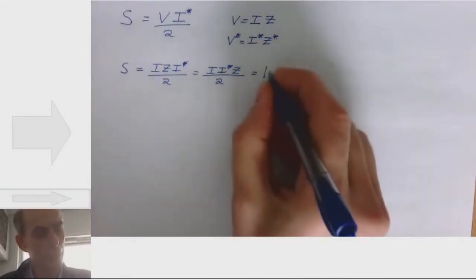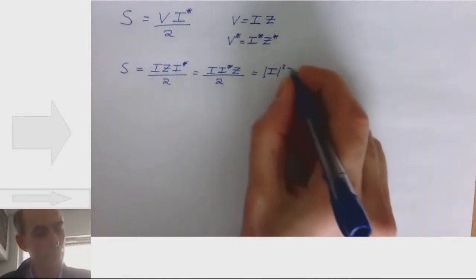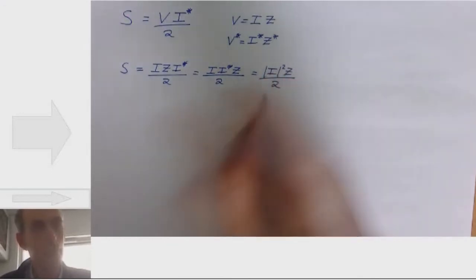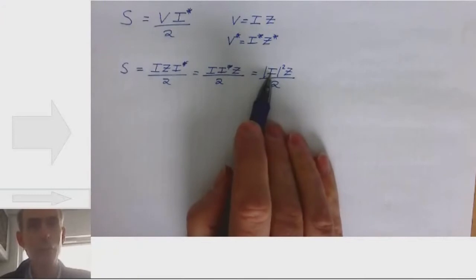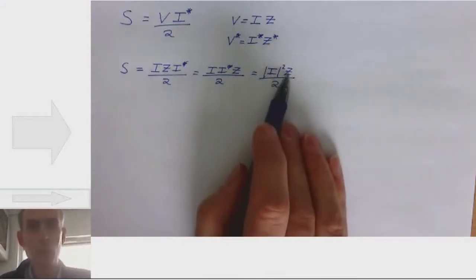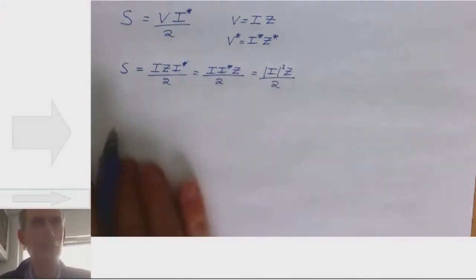So I could write it like this. The complex power is the square of the magnitude of the current phasor through a component, or series of components, multiplied by the complex impedance of that component, or series of components, divided by 2.